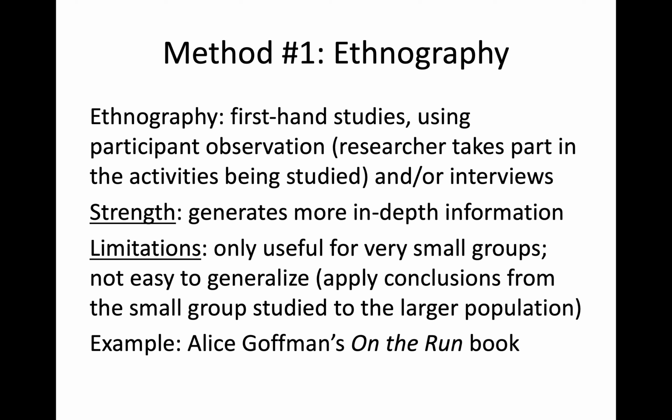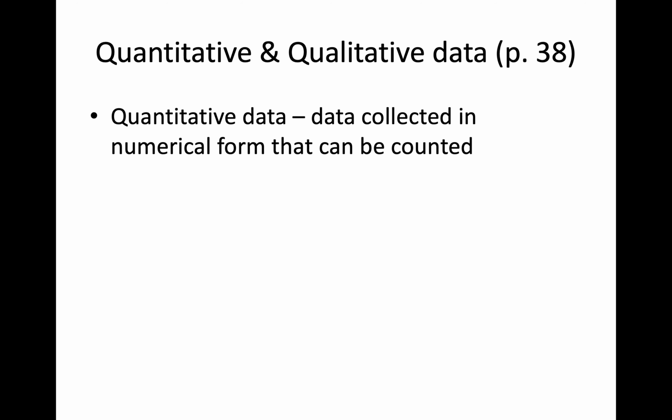So moving on. Oh yeah. Before I get into method number 2, I am going to intersperse a couple of other vocabulary things here. There's a difference between what are called quantitative and qualitative data. This is, again, not just unique to sociology. Quantitative data is data collected in numerical form that can be counted.